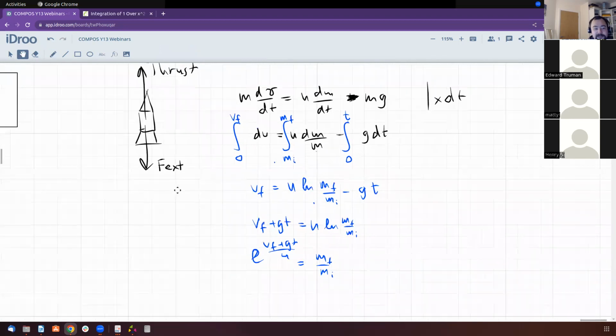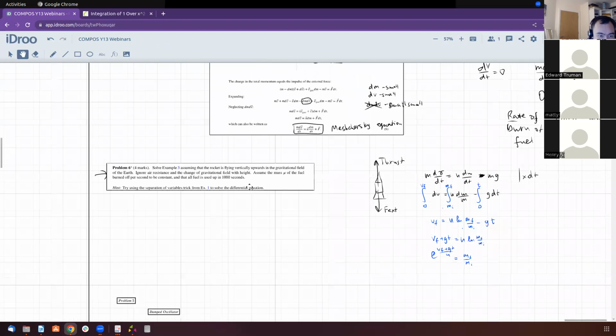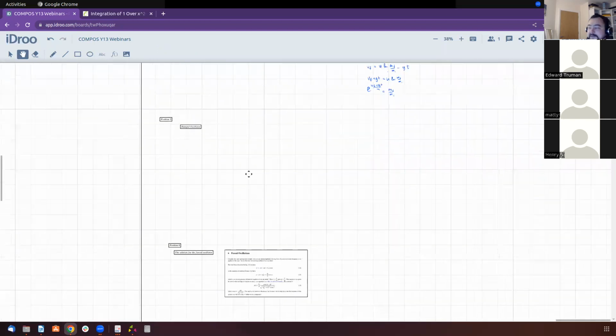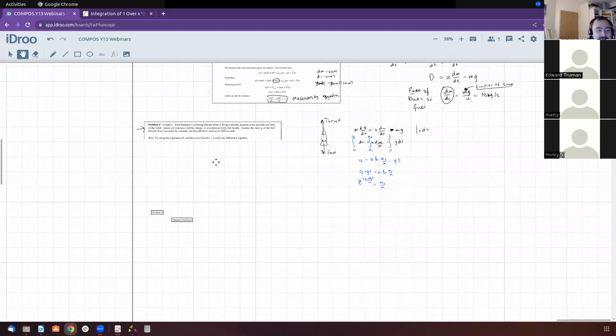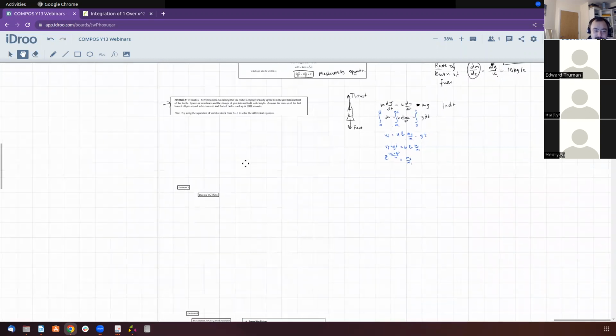And you can work it out from here. But there's also a limitation, something about the fuel being used in the first second, and things like that. Right. Moving on.